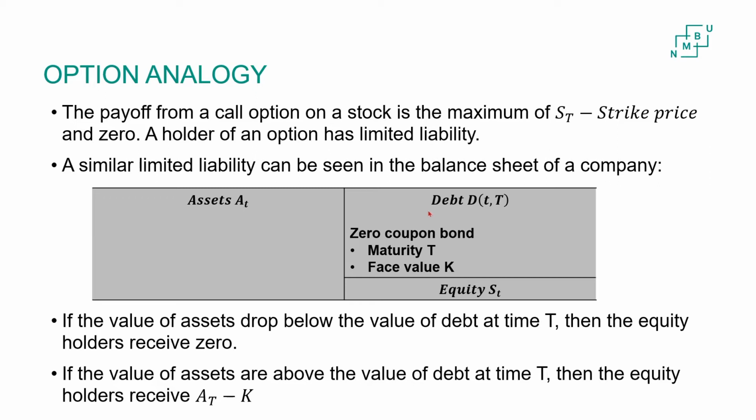It means that in the future, if the asset is worth less than the debt, then the company is bankrupt, but the equity holders can just leave the table and get away without a loss. The only thing they can lose is what they paid to get the equity in the first place.